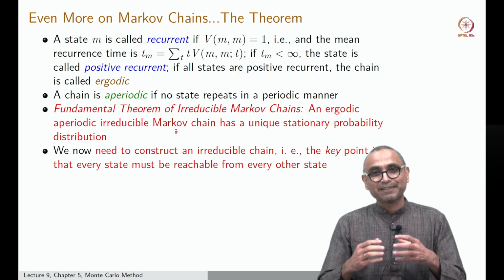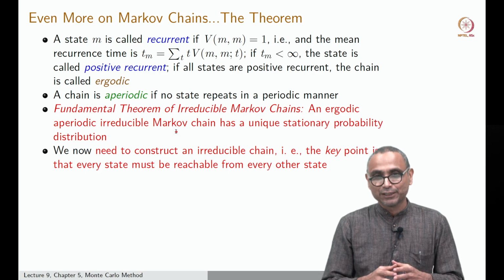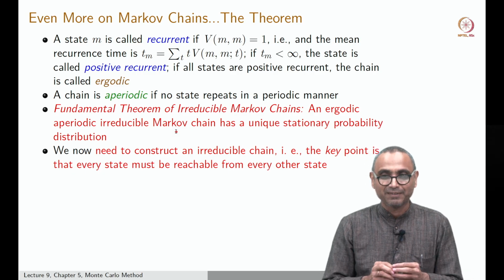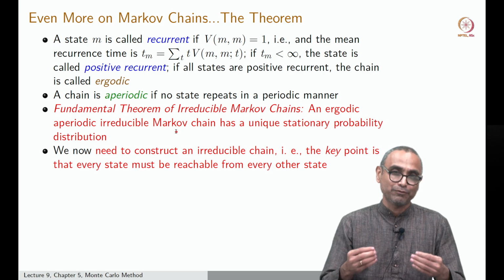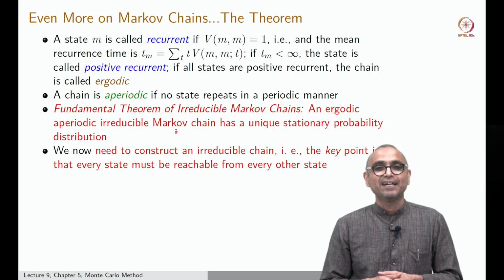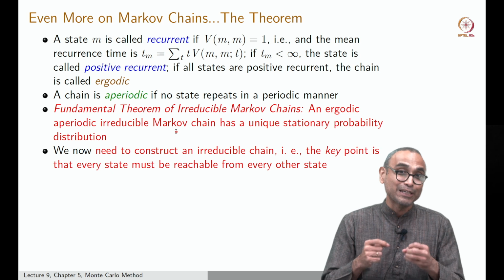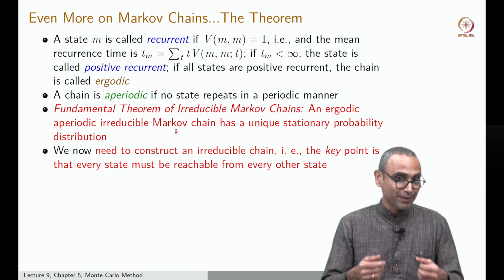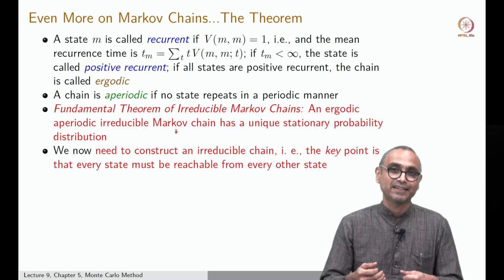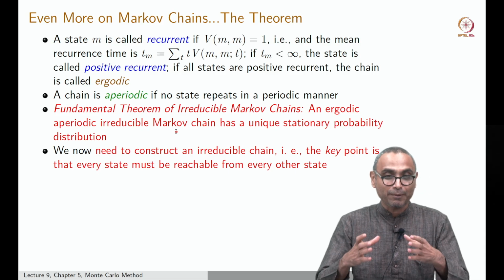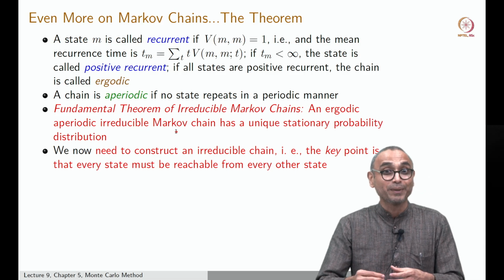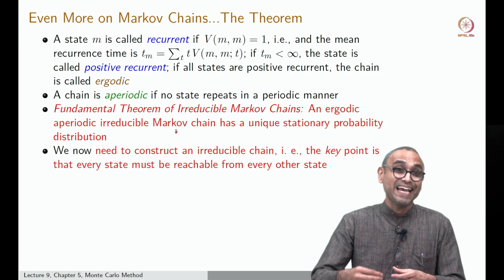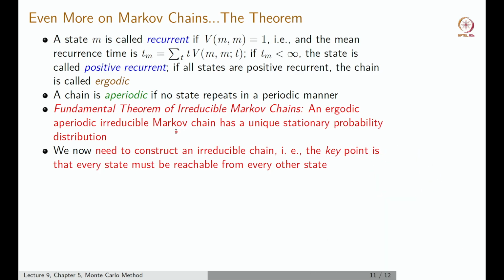So what is the most important thing to ensure, it turns out, in the Monte Carlo methods that we will design particularly for the Ising model on the computer? It is irreducibility. What do we mean by irreducibility? I will just recall that. Irreducible means from any configuration I should be able to reach any other configuration by my stepping process.